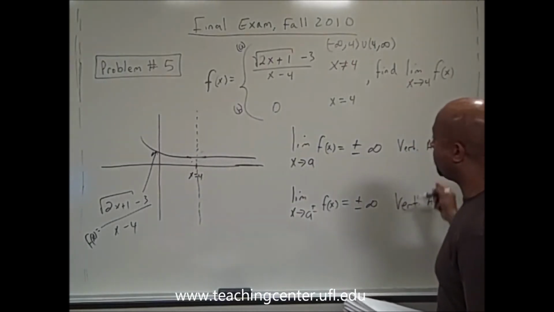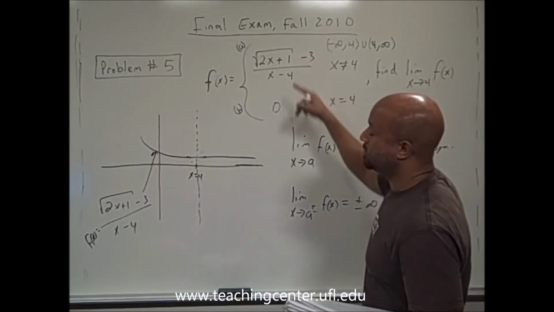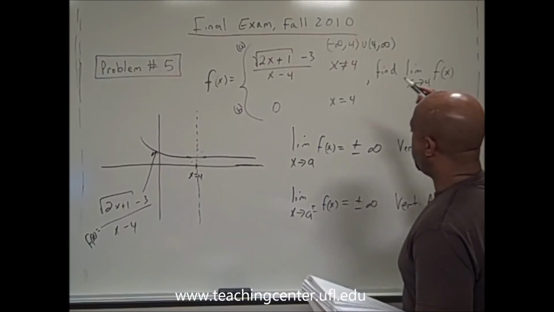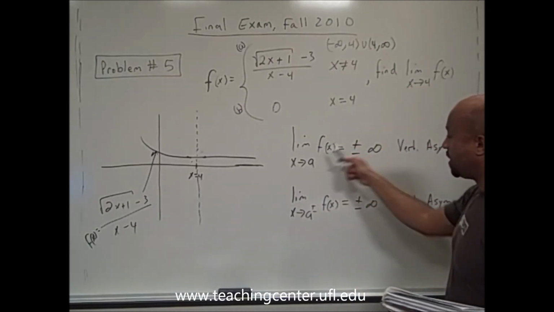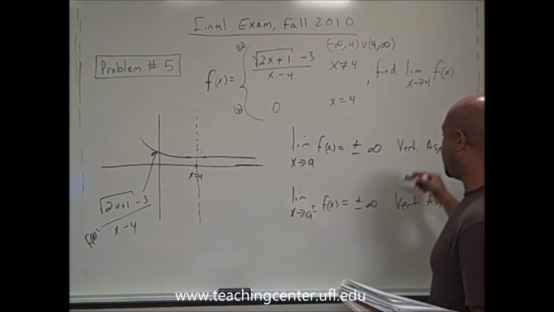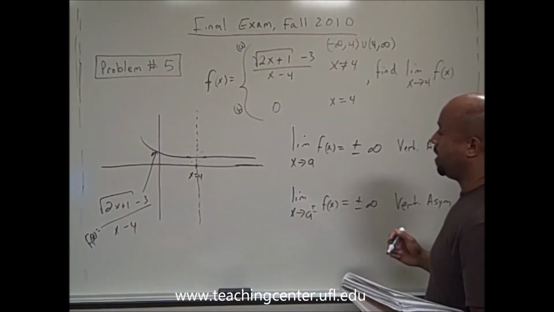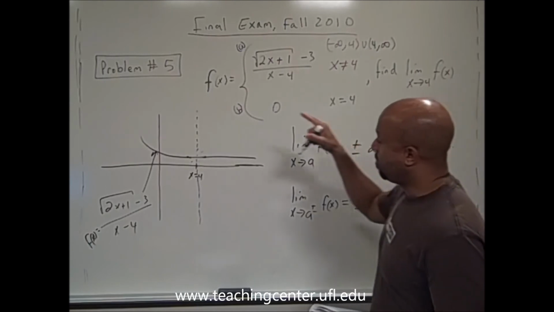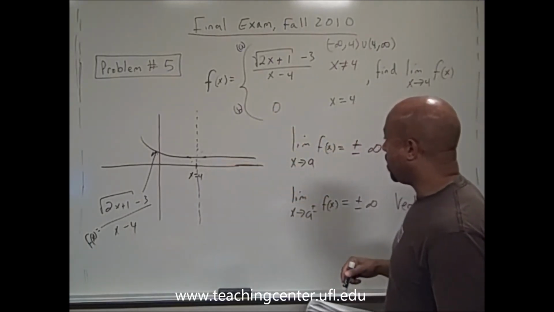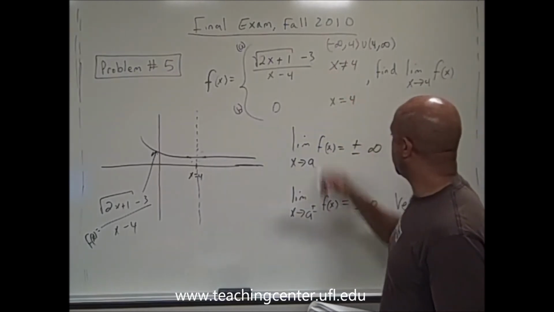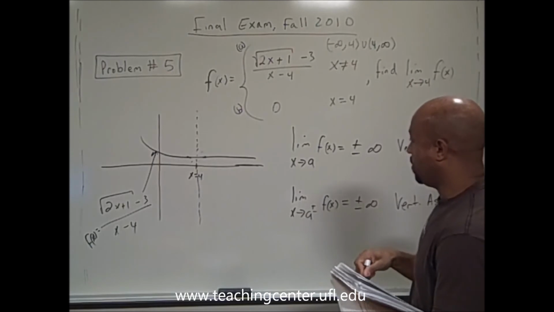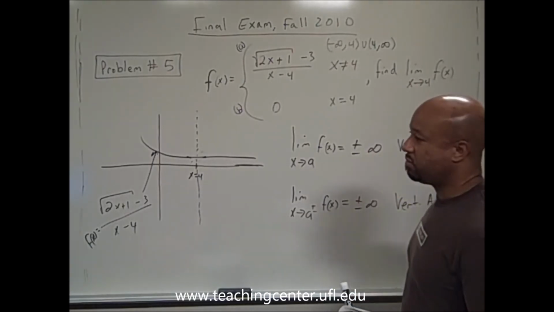A vertical asymptote is not defined by getting 0 in the denominator of a fraction. A vertical asymptote is when you take the limit of the function as x approaches some value, and if that gives you plus or minus infinity, then that is a vertical asymptote. You can see that even though we get 0 on the bottom here, if we actually take the limit of this as x approaches 4, you won't get plus or minus infinity.